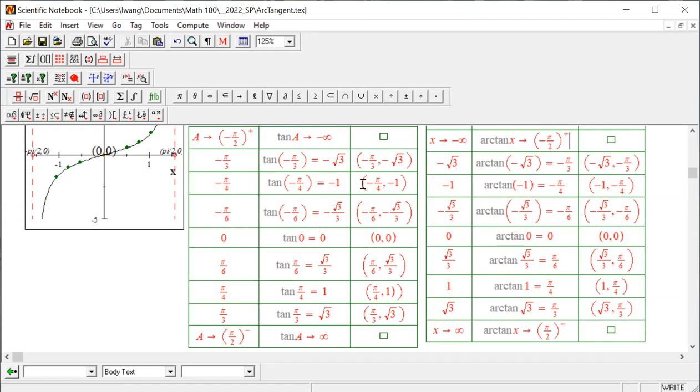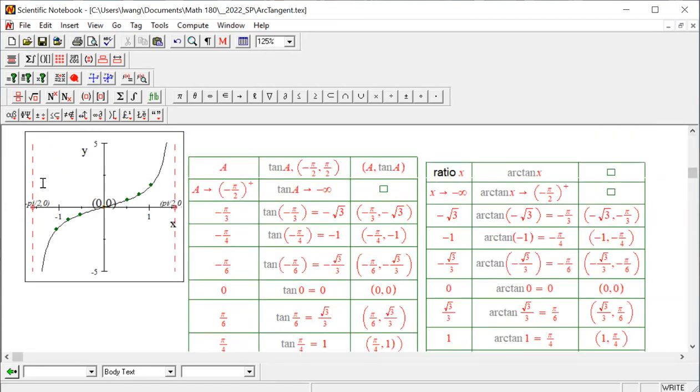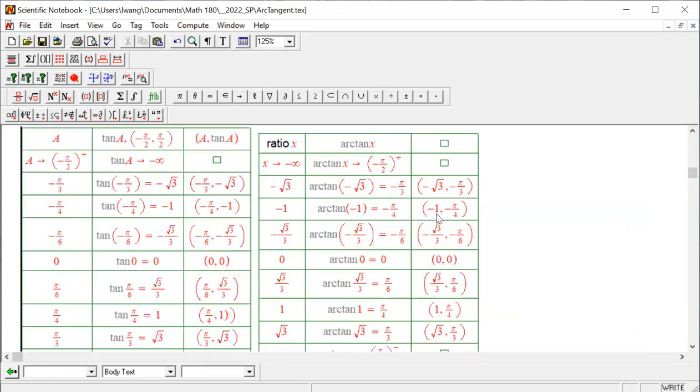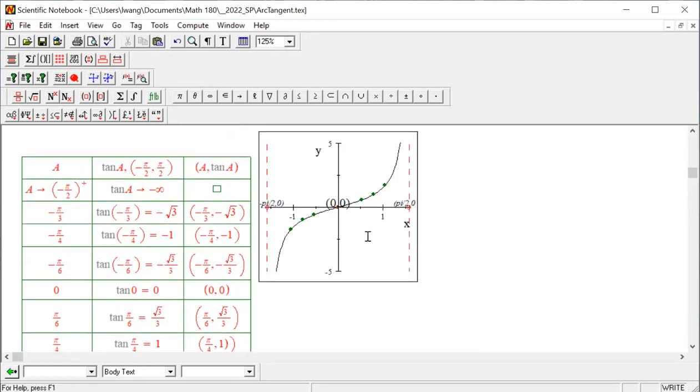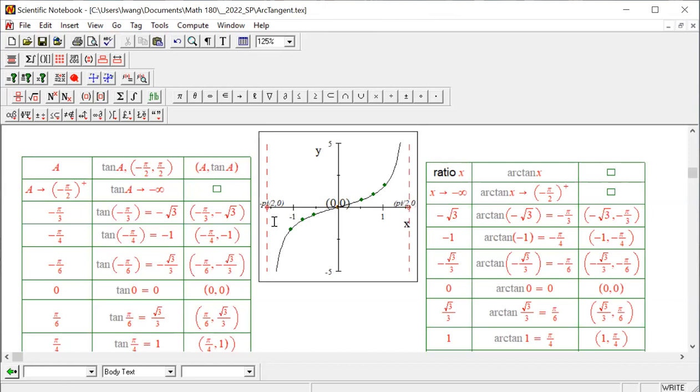So let's plot these points. We have the green dots plotted. So shall we plot those other points? Of course. So we're going to bring this picture over, and I'm going to put it in the middle, so this way we get to see more, to swap the points on this side.